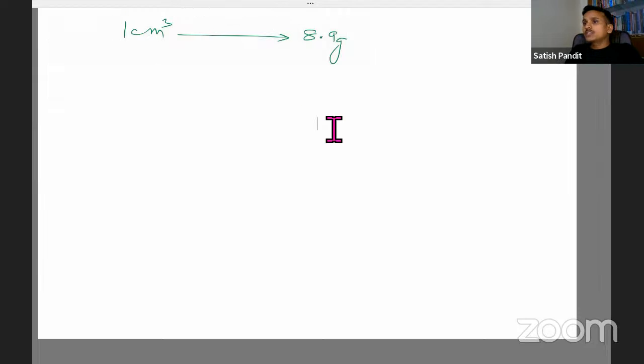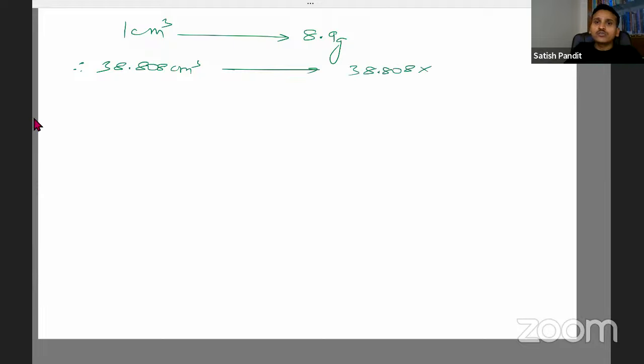So 1 centimeter cube is 8.9 gram. Therefore, 38.808 centimeter cube will be 38.808 into 8.9 grams.